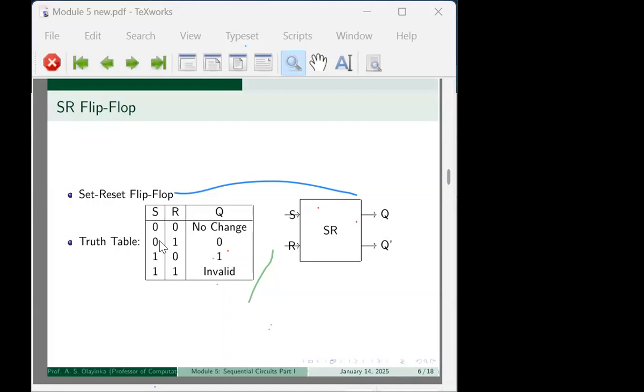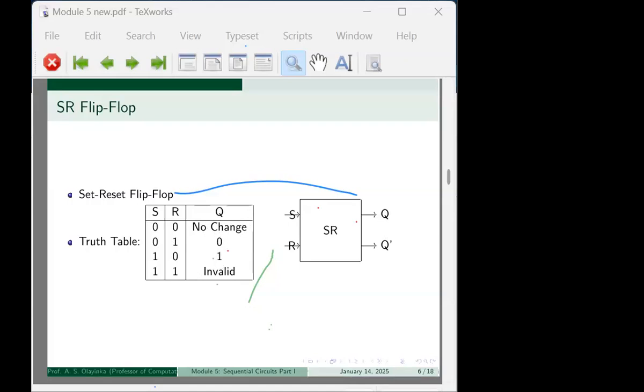Then when you have 0, 1, you have 0 as your output. When you have 1, 0, you have 1 as your output.